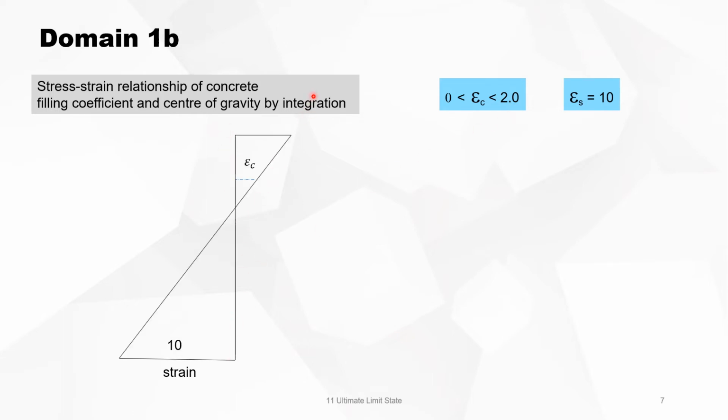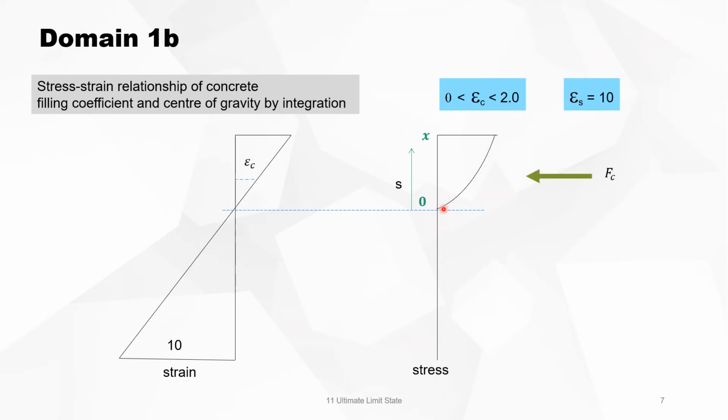This is the strain diagram, 10 per mil, and then epsilon C somewhere here. This is the neutral axis. The depth of the neutral axis is x, and these are the stresses. The coordinate s goes from 0 until s equals x.